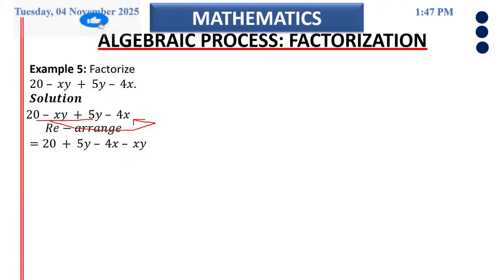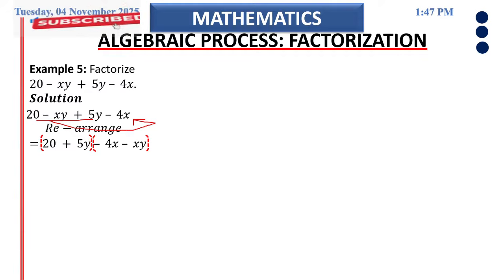If they are the same value, we can then do what we call grouping. You can see my bracket here. This is not a real bracket, it's like a broken bracket. I intentionally use that so that you don't get confused. It's just imaginary.